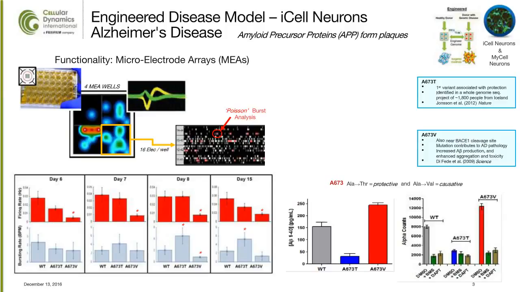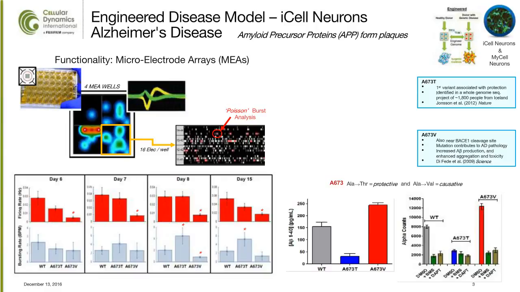What we're showing you here on the left-hand side is firing rates in red and bursting rates in the lower blue for the wild type, the protective or the causative conditions for the Alzheimer's. On the top, what we can see is over days in culture, the protective condition does not change the mean firing rate compared to the wild type.